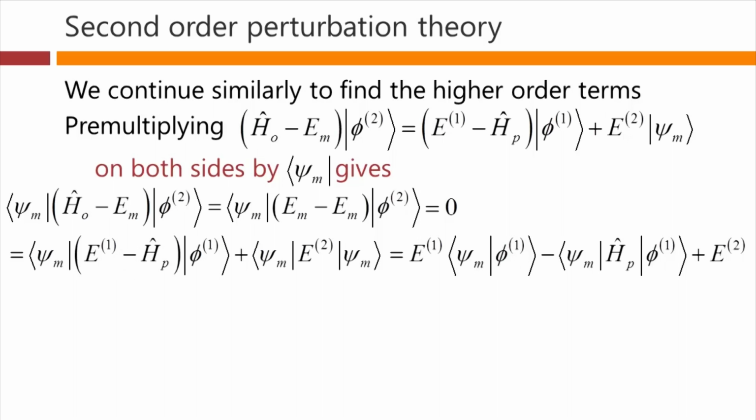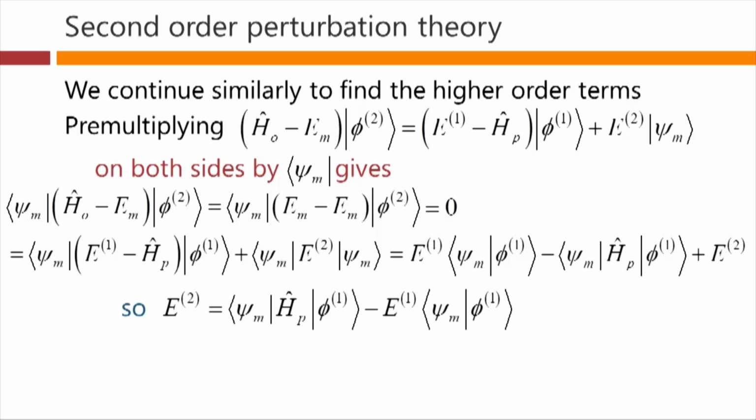We have minus psi m H_P phi 1. That's this term. And of course, psi m E2 psi m, well, psi m is just 1 and E2 is just a number. So this is E2. So E2 is equal to psi m H_P phi 1.